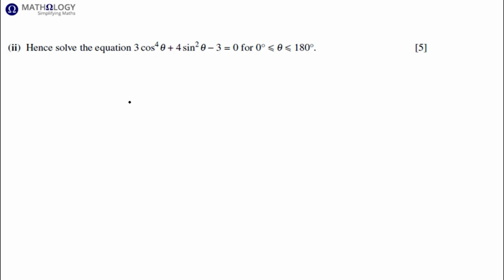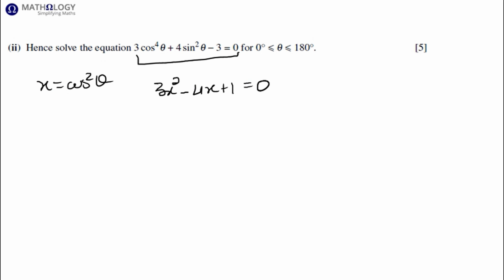Then solve the equation 3 cos to the 4 theta plus 4 sine squared theta minus 3 equals 0. So the expression that we had, just remember that we called x cos squared theta. We could therefore express this as 3x squared minus 4x plus 1 equals 0, which is going to factorize as 3x minus 1 times x minus 1. x equals a third, or x equals 1.